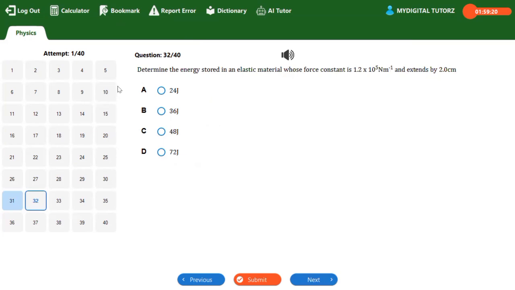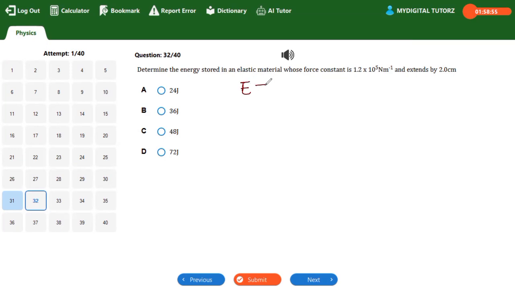Question 32. Determine the energy stored in an elastic material whose force constant is 1.2 times 10 to the power 5 and extends by 2 centimeters. So quickly, in an exam setting, since you are looking for energy stored, remember that this is the formula.